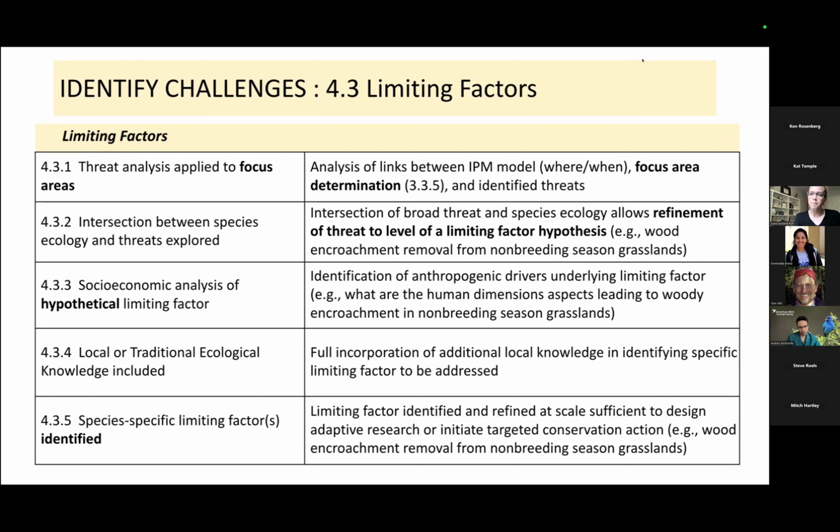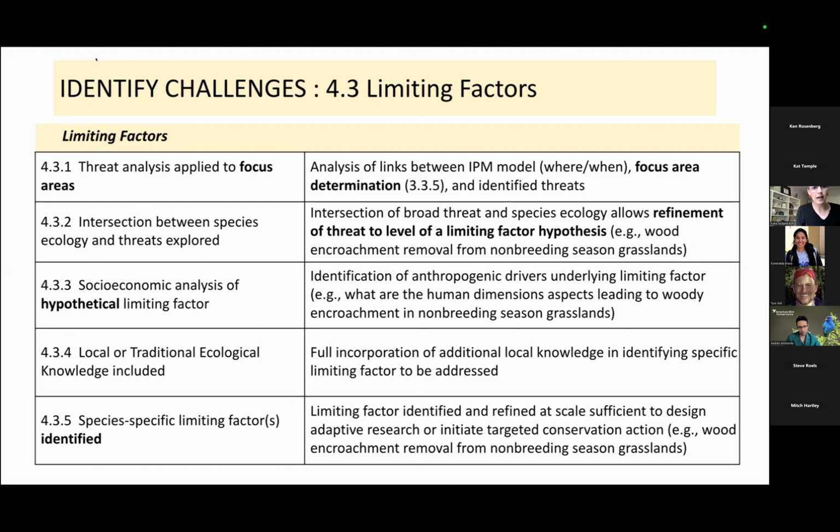So if it's the rate of urbanization across a particular landscape, what are the drivers of not just urbanization there, but how quickly it's happening? What would slow it down? Is it economic drivers? Is it a change in livelihood, the majority livelihood in that area? Is it people moving? What are the social pieces of that?